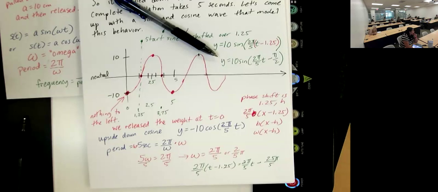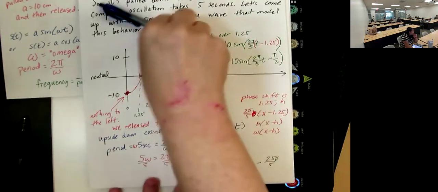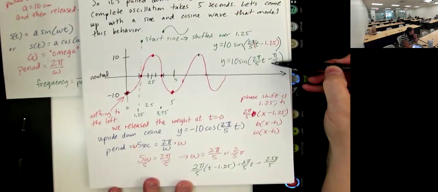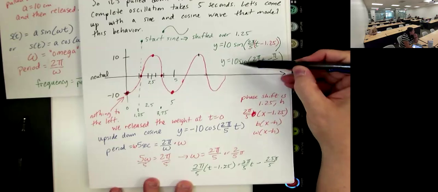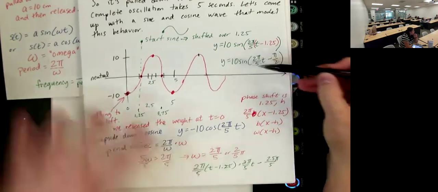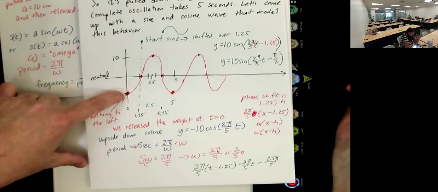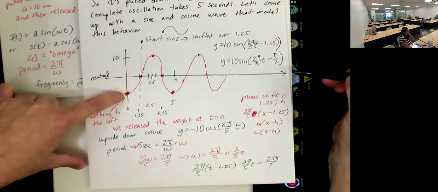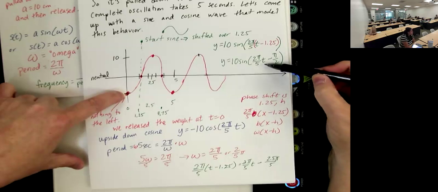You're going backwards pi over 2, which is 90 degrees. What's sine of 90 or negative 90? Negative 1. So when t equals 0, this part is negative 1. I multiply by 10, and I get negative 10. At t equals 0, I've got negative 10. That looks good there.